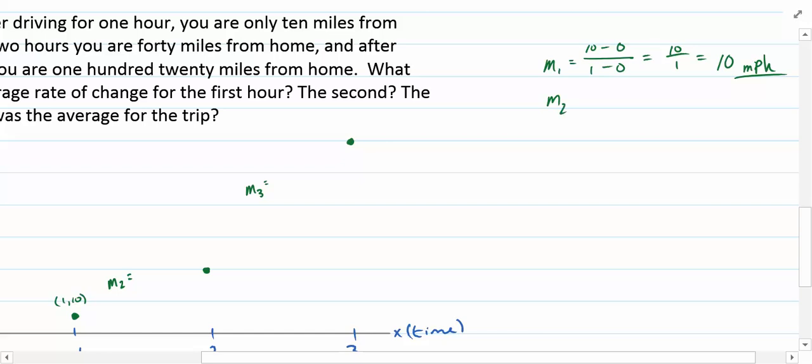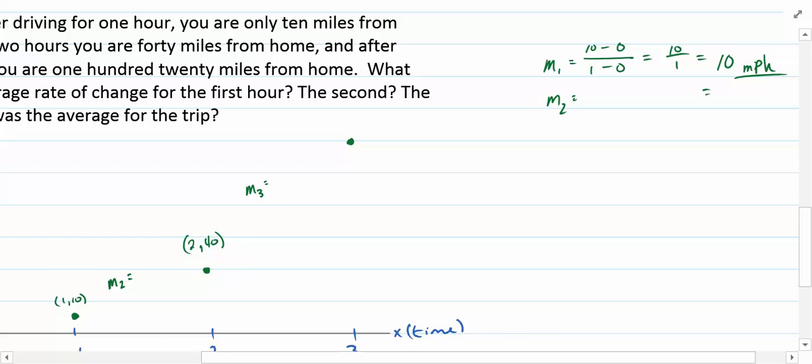For the second slope, we're looking at the coordinate 2 and 40. I'm sorry, it's 2 and 40. And you might be able to figure this one out in your head. How much distance did we travel in this latest hour? Well, that's 30, and we traveled that in 1 hour's time.